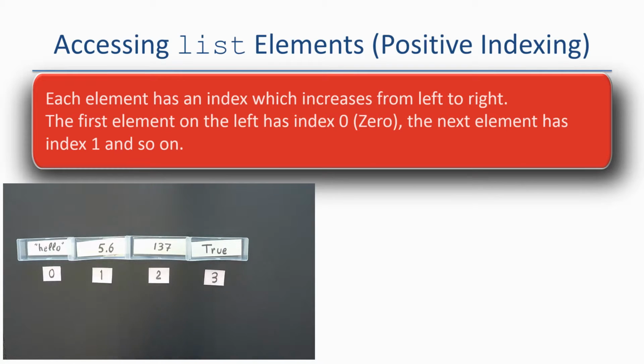As you can see, I have put indexes on these boxes, so now the hello is associated with index 0, 5.6 is associated with index 1, 137 has the index of 2, and true has the index of 3.